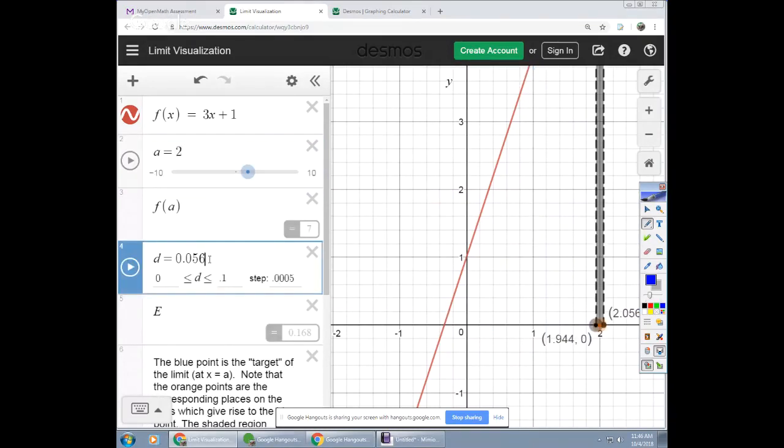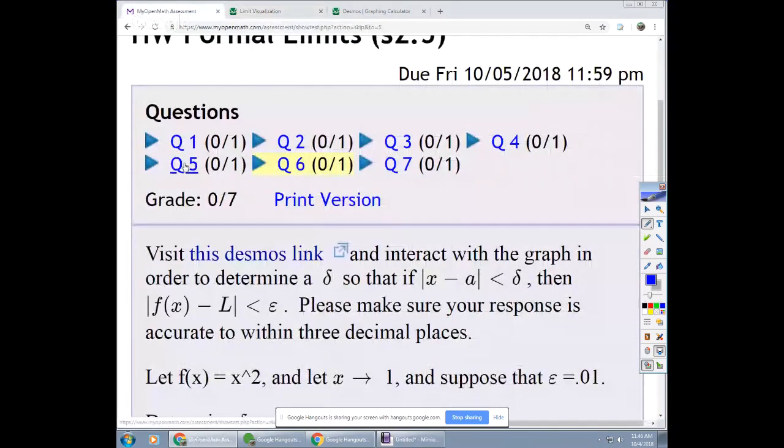And we just found if delta was 0.003333, then epsilon was going to be about 0.01. So this tool helps me experiment with that idea. Okay, so definitely check that out.